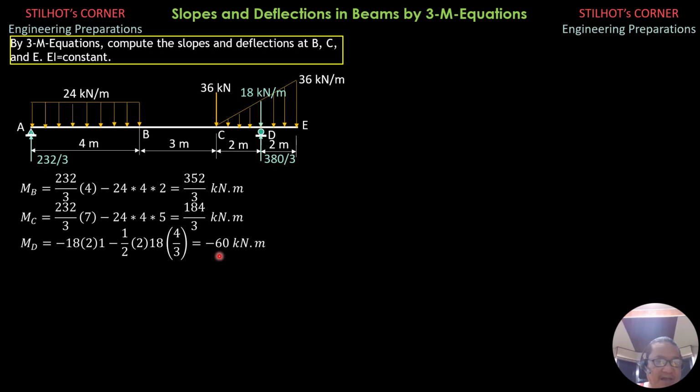We then apply three moment equations on span ABD, and as our guide we have this elastic curve, three moment equation in ABD. Then this is the expected elastic curve.